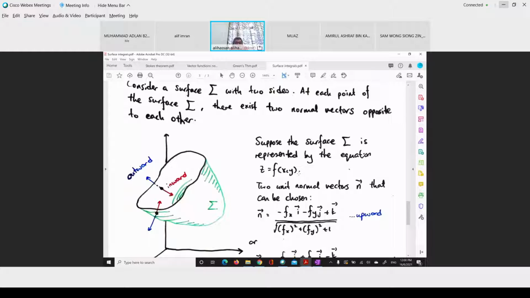This is actually a flux integral. A surface integral of this form is also called a flux integral, and it has an application in fluid mechanics. This is what I want to discuss with you.